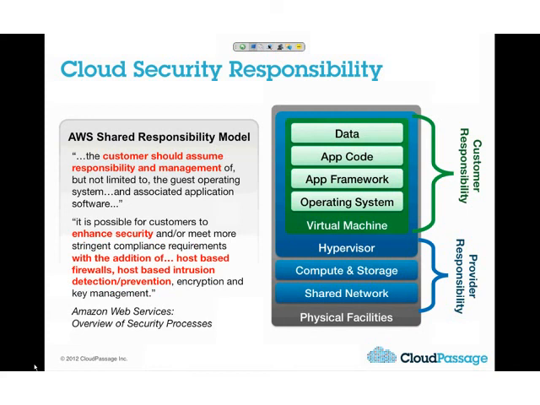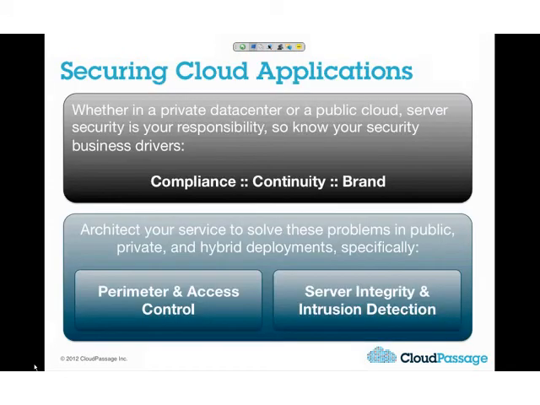But your virtual machine and the operating system, the applications, and the data running on that virtual machine are wholly your responsibility. And so they will recommend the addition of host-based firewalls, host-based intrusion detection, all these tools that you would run in a private data center anyway, but unfortunately, until recently, have been very hard to run in the cloud. And so knowing that these are your responsibilities, we're really focused today on helping you understand what you can do to secure your cloud applications.